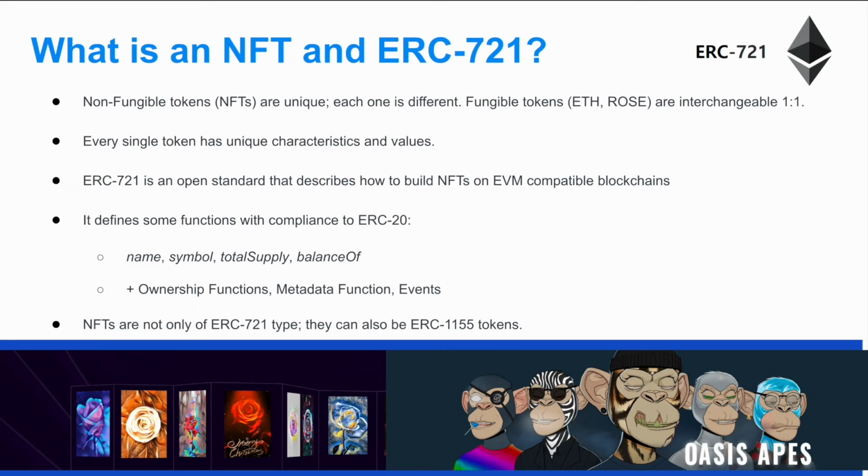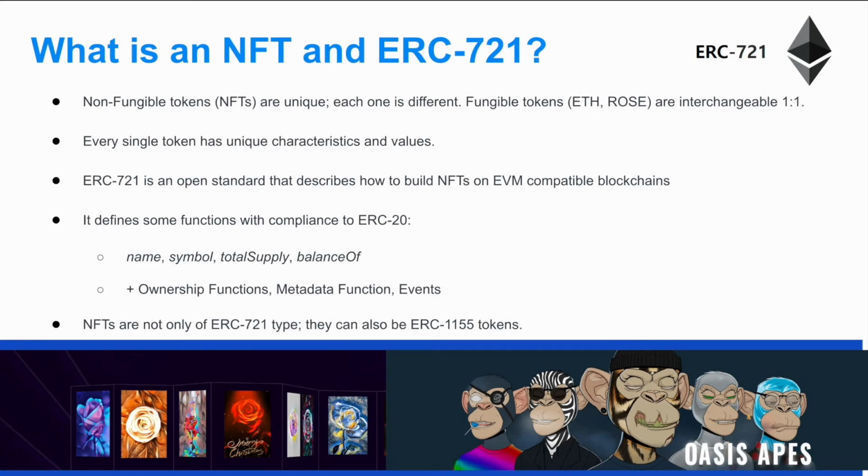Usually you will find the name of the NFT, the symbol of the NFT, how much the supply is, the balance of, some other ownership functions or metadata functions, or even events. All this is described in this standard. If you want to read more, just Google ERC-721 and you will get the whole documentation.